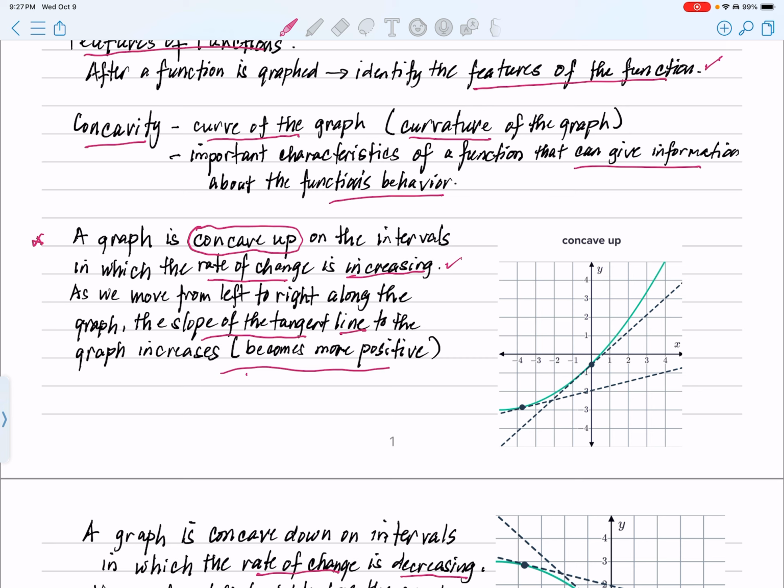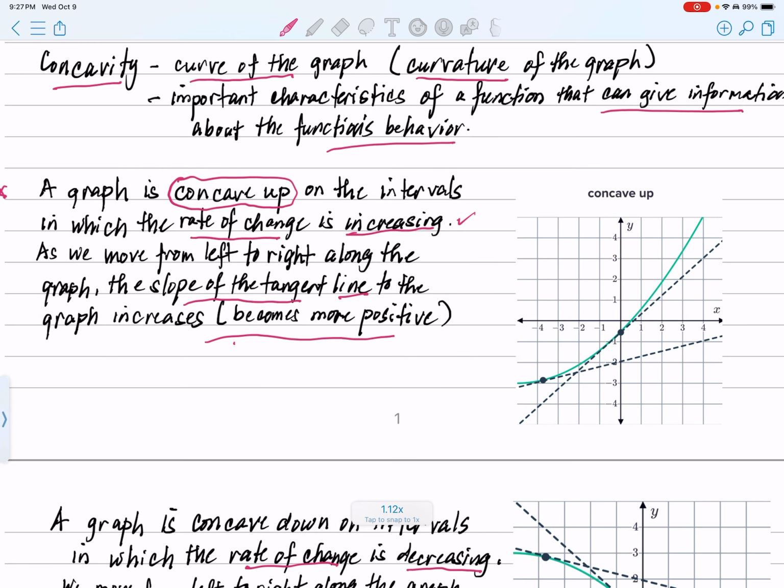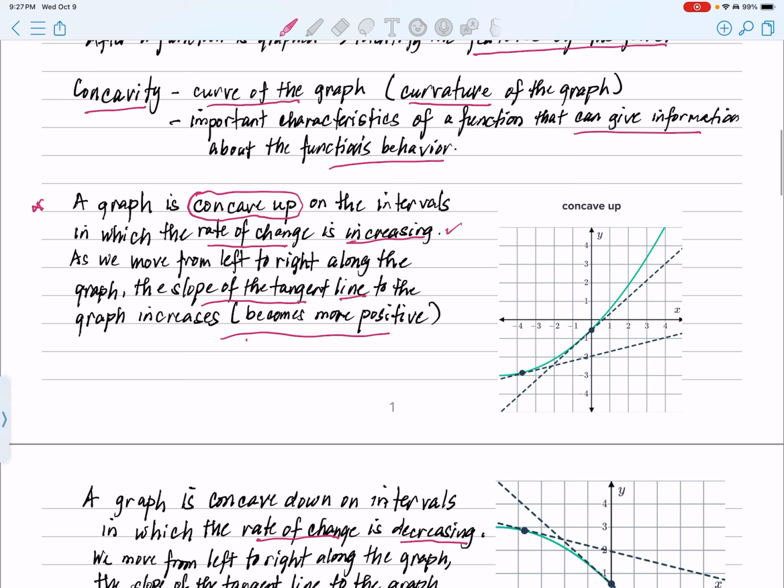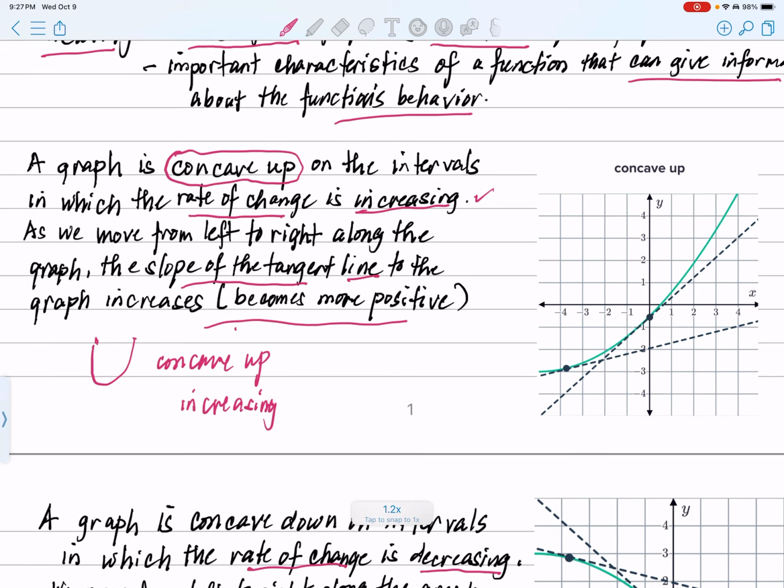There is a graph at the right side here. Okay, when it's concave up, it's just like a bowl that is facing up. Concave up. And it is increasing when it's facing upward. All right, let's look at the graph here. This is concave up.